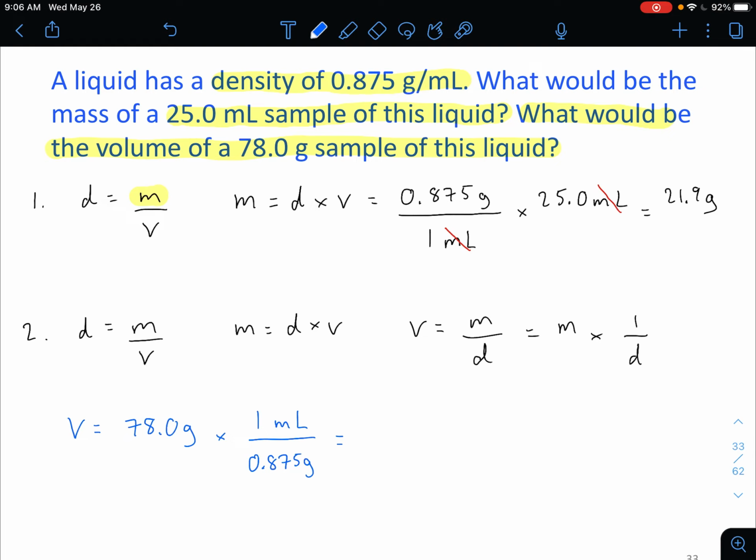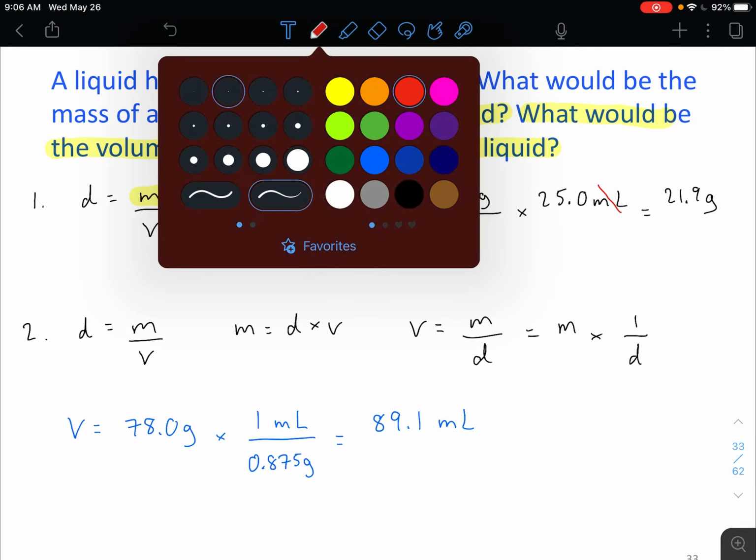Volume is mass divided by density, but we'll also see how the unit cancellation works out. So 78 divided by 0.875 gives me 89.1. And that's going to be in milliliters. And so same idea, right?